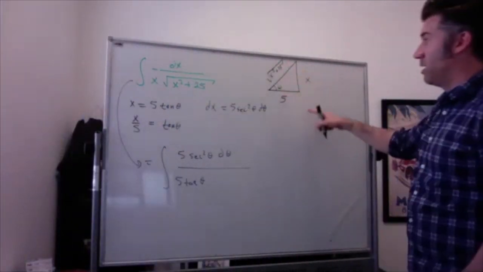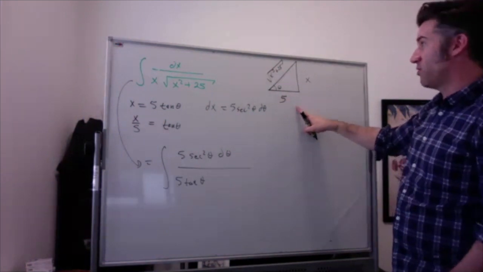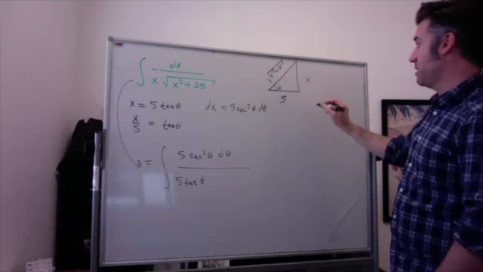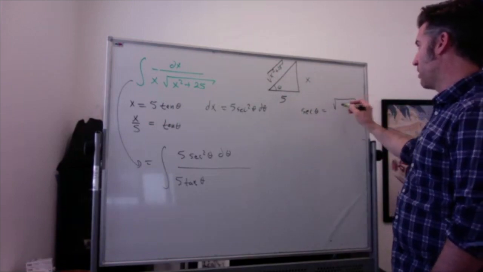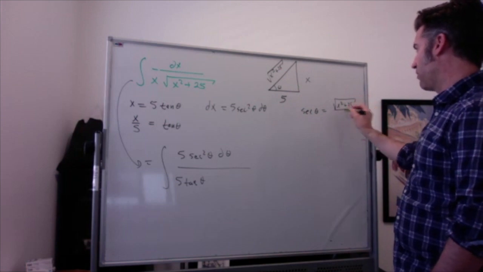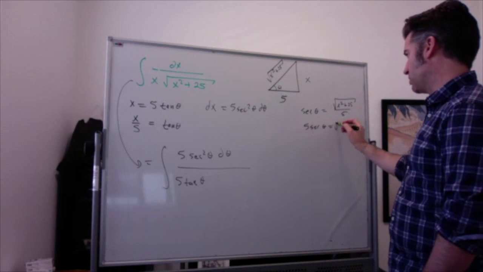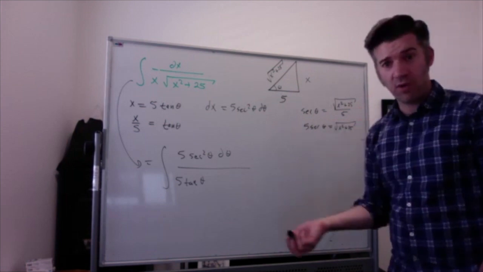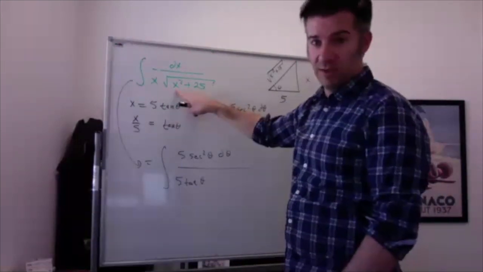So I want to make it as easy as possible. I really am just going to try and use a trig identity. I can see that secant of theta is the square root of x squared plus 25 over 5. So 5 secant theta equals the square root of x squared plus 25. Or if you prefer, you can start with this and plug in that x is 5 tangent theta.